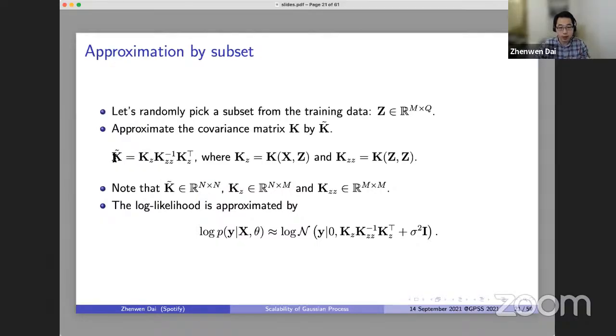But we know this is a low rank matrix because the middle part is only m by m, therefore the maximum rank of K tilde is m.